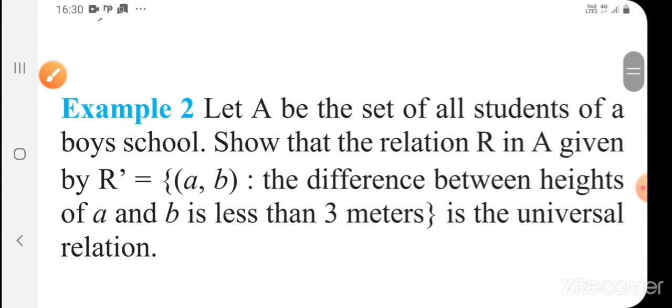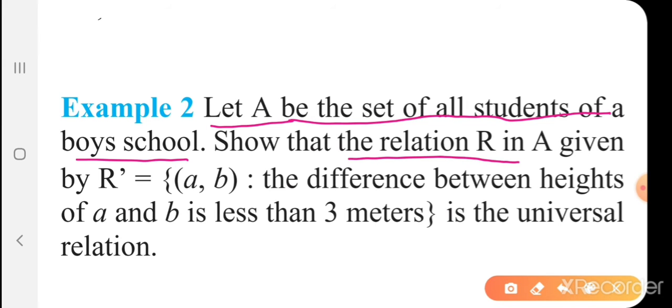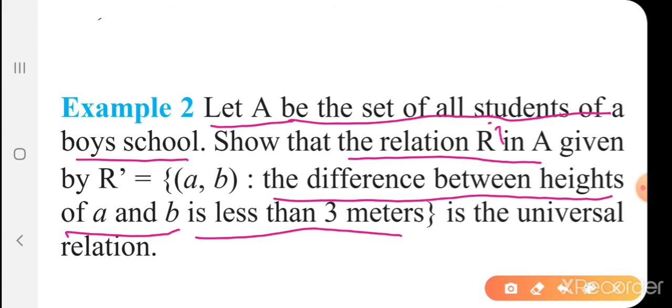Next you see one example. Let A be the set of all students of a boys' school, so that the relation R in A given by R equals the ordered pair (a, b) such that the difference between the height of a and b is less than 3 meters, is a universal relation.